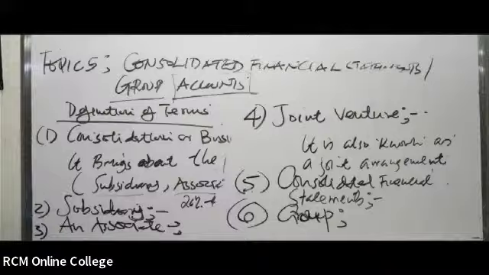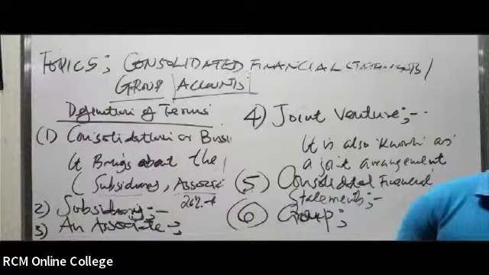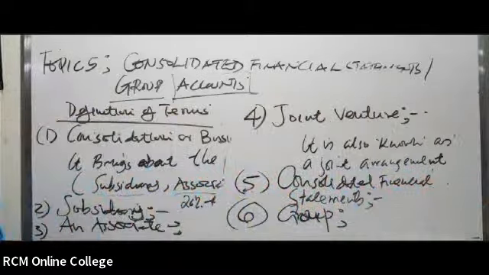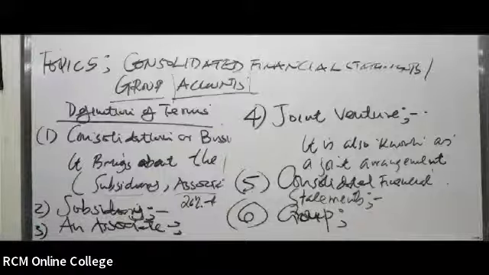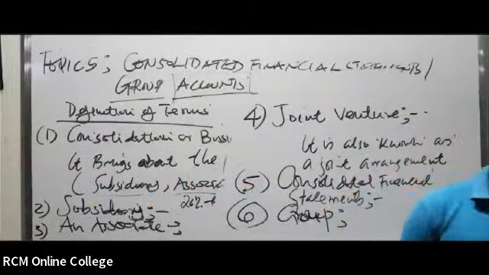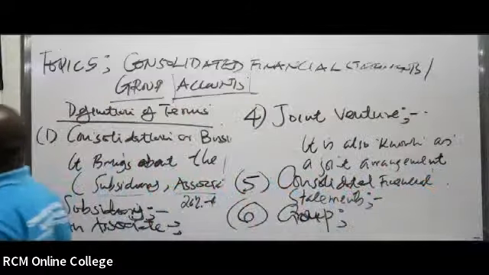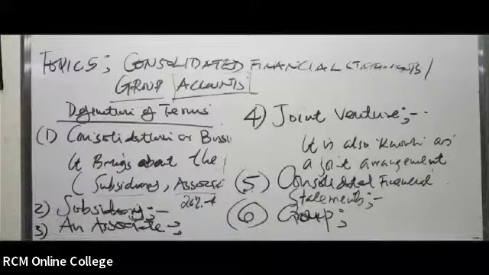This comprises of the parent or the holding company and the other members, i.e., subsidiary, joint venture, joint venturer, and in this case, what may be associates.